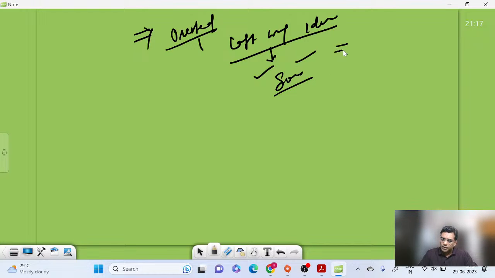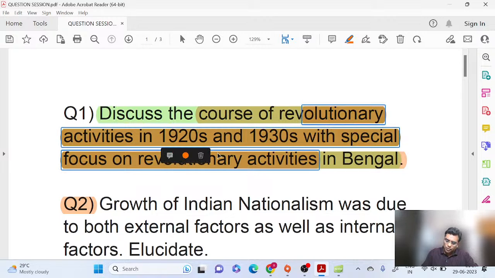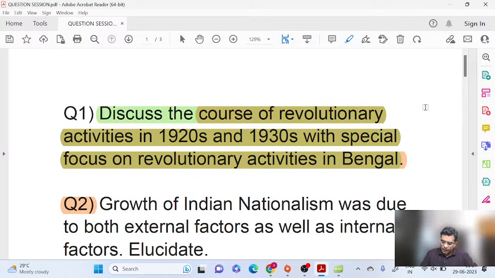Therefore they were very much associated with the Communist Party of India, which was established. So these things you have to write in the segments of this question: discuss the course of the revolutionary activities in India in the 1920s and 30s.